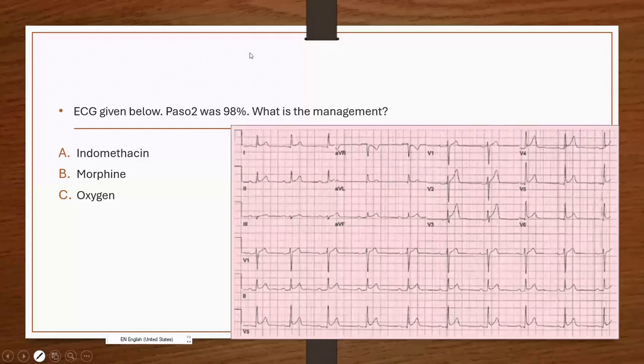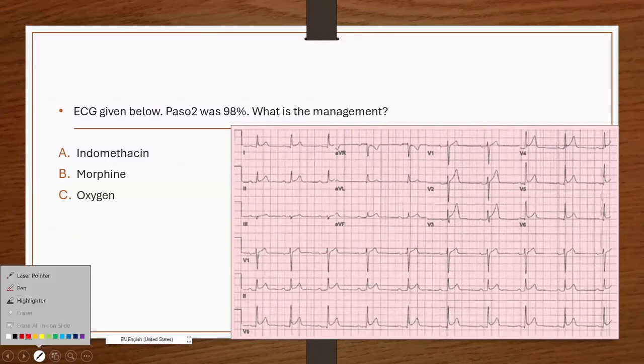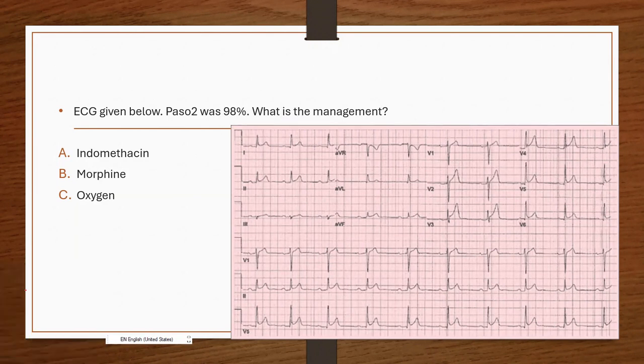Almost all of you think it's answer A, indomethacin. Let's see if anybody thinks otherwise. No. So almost all of you think that this should be managed with indomethacin. All right, so let's have a look at this question.